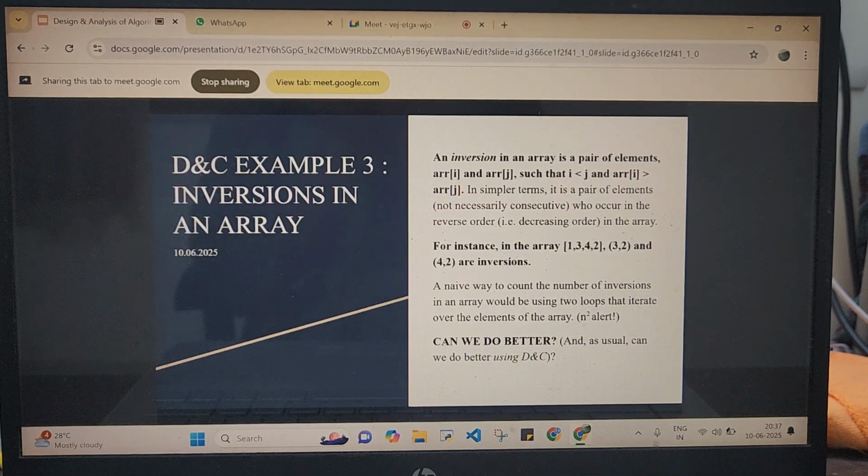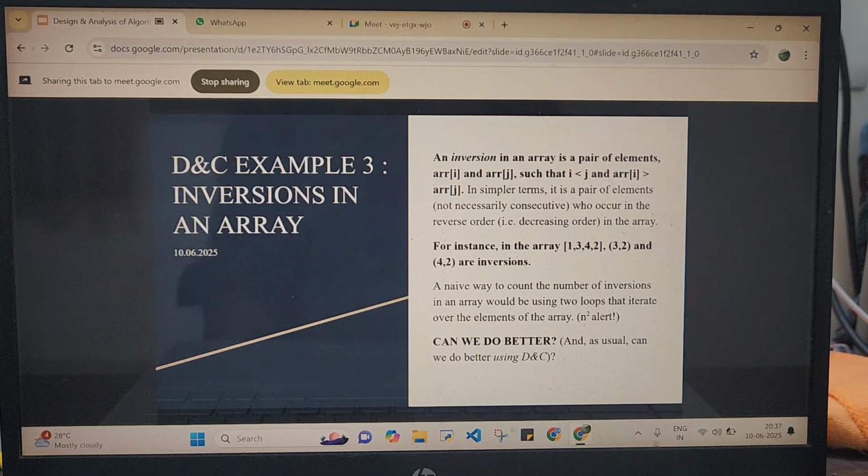The problem we are given is to count the number of inversions, or inverted pairs, in an array of integers. The most naive, simplest brute force way of doing this would be using two loops which iterate through the elements of the array. You pick up every pair of elements and you see whether they are an inversion or not.